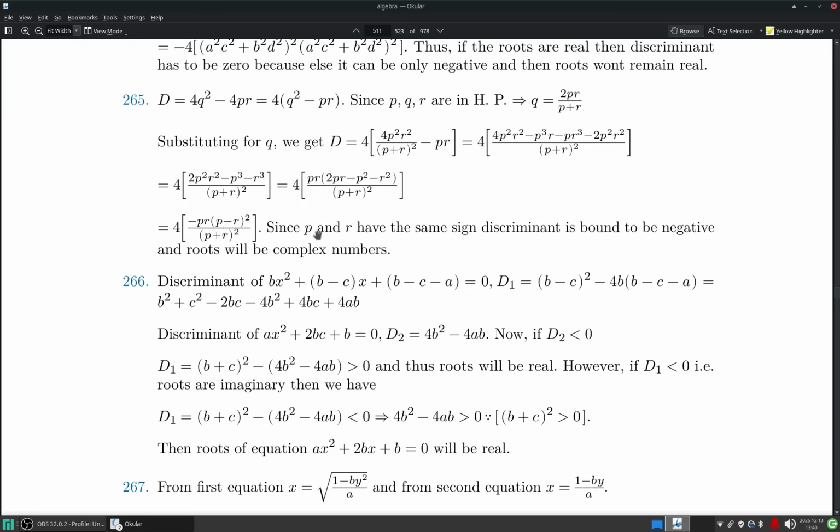Now given that p and r have the same sign, pr would always be positive, and (p minus r) whole square will be greater than or equal to 0, and (p plus r) square will be greater than or equal to 0. Therefore, the overall sign of the discriminant is negative, and therefore roots will be complex numbers.